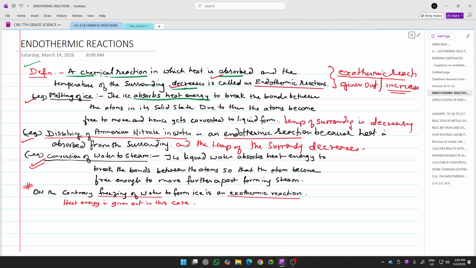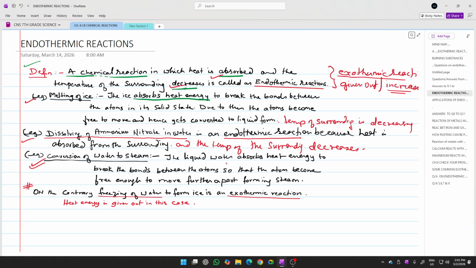Once again, the liquid water absorbs heat energy. Here also the heat energy is absorbed, because the water particles, or you can say the atoms in the water, have to move apart.